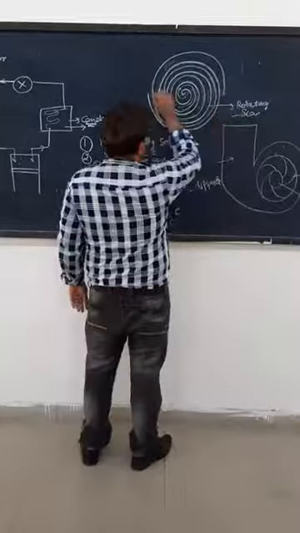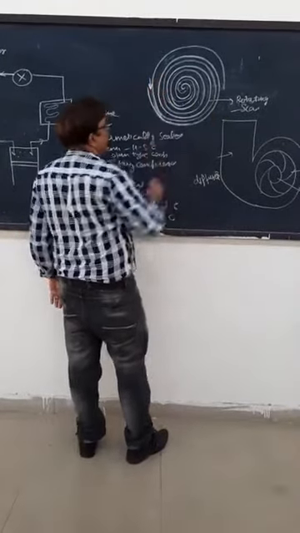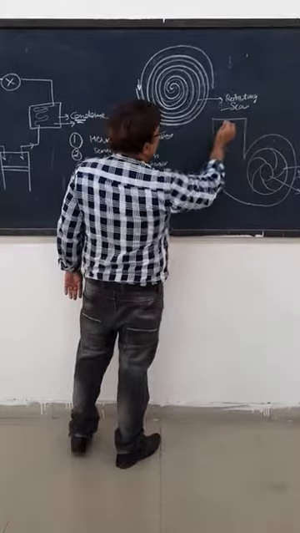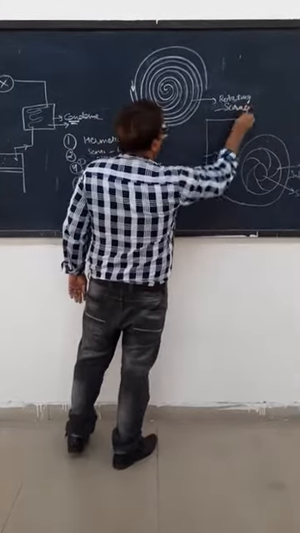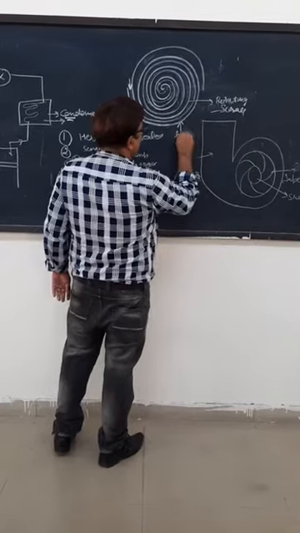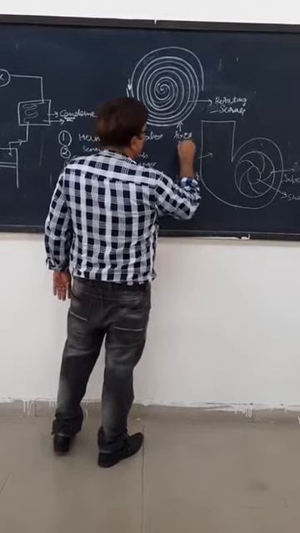So in this case, look at here, your refrigerant will enter from this side. One is your rotating scroll, and another one is your fixed scroll. So this one is your fixed scroll. Okay, fixed scroll.